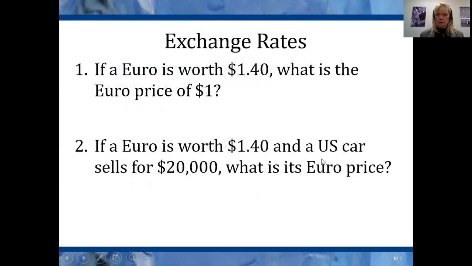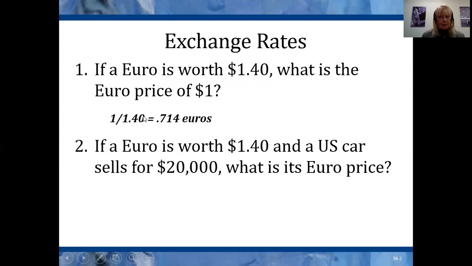If a euro is worth $1.40 US, what is the euro price of $1? So if I'm holding euros and I want to buy dollars, if I want to buy $1, 1 euro is $1.40 US.